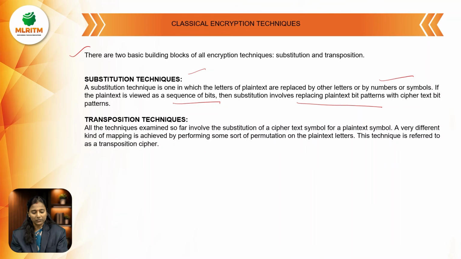While coming to the transposition technique, a very different kind of mapping is achieved by performing some sort of permutations on the plain text letters. This technique is referred to as the transposition cipher. This is the classical encryption techniques.